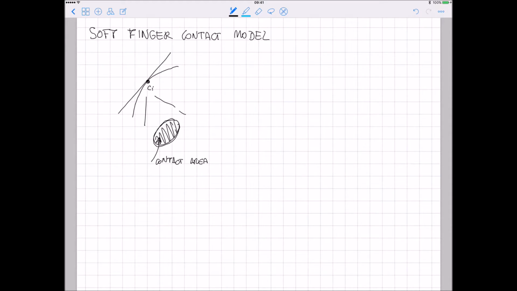So in this case, what I constrain through the friction is the translational motion, of course the motion in the tangential and normal direction, but in this case I constrain also the rotation in the direction normal to the surface.